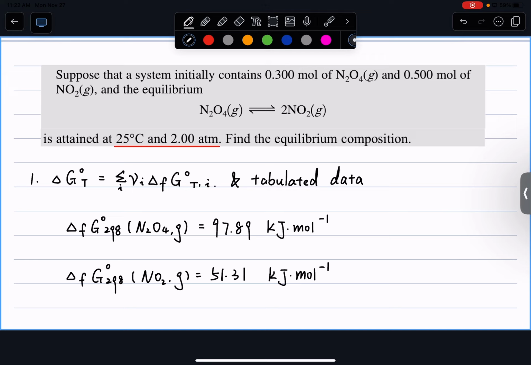Likewise, for N2O4, we're talking about the mole fraction of N2O4 at equilibrium times pressure, and that equals 0.3 minus C over 0.8 plus C times pressure.